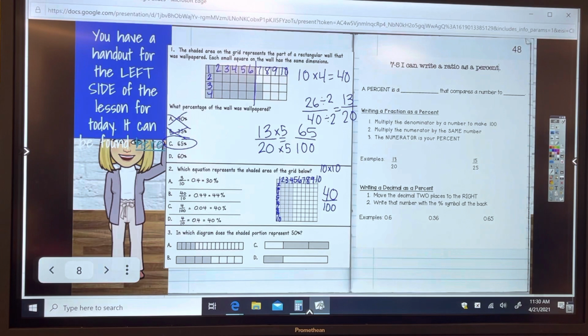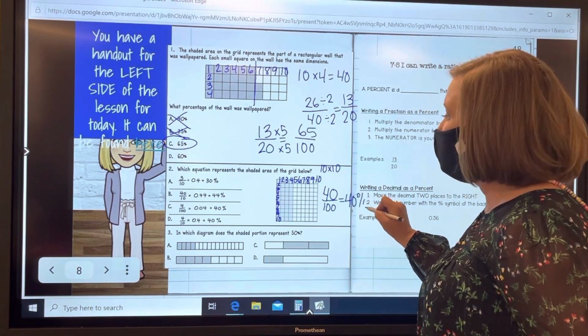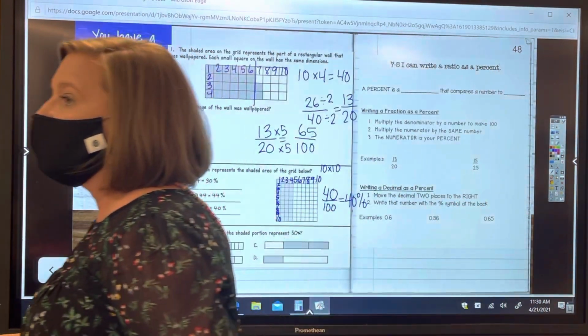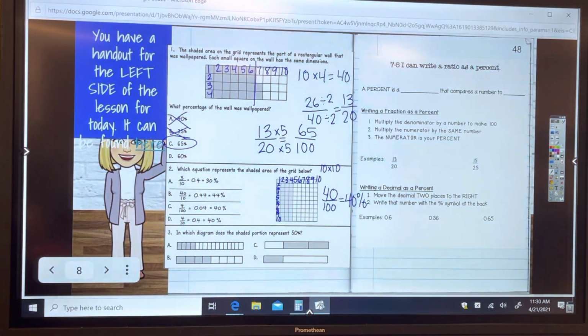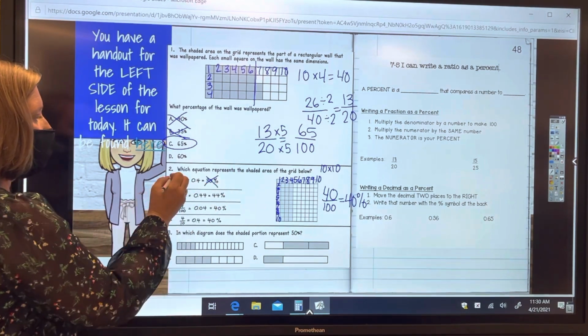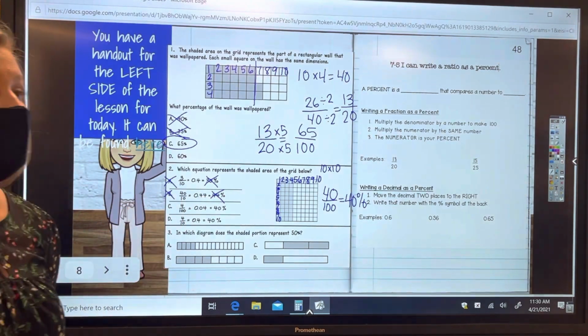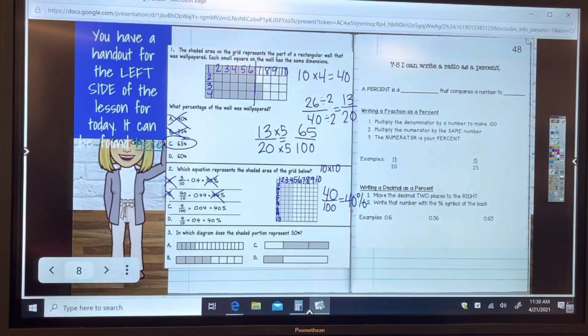Is it easy to write this as a percent? Yes. What percent is that? 40%. So let's look over here. Are there any that I can mark off because they don't have 40%? A and B. Both of those are wrong because neither has 40%. All right, so now what do I do to change 40% to a decimal?